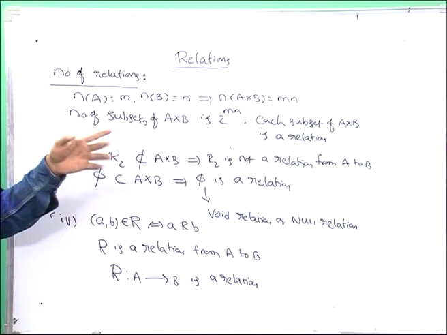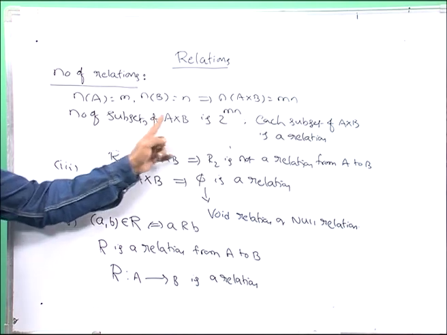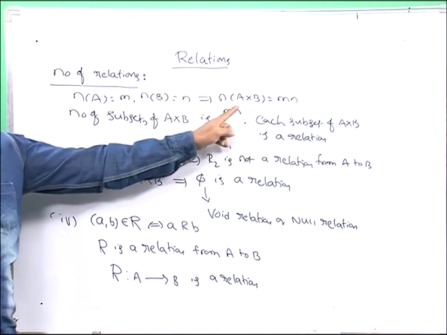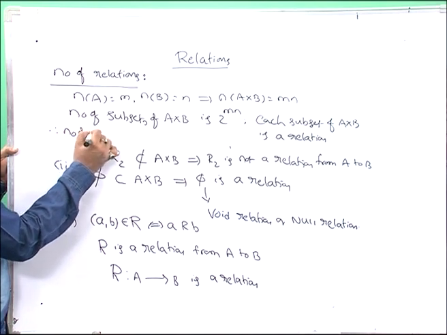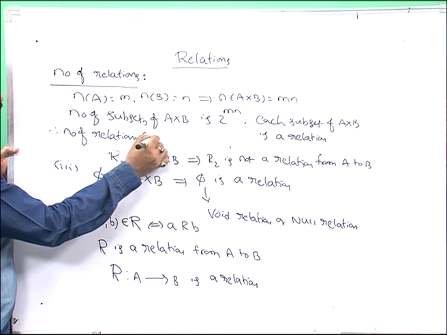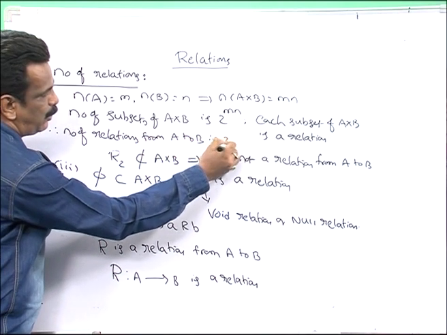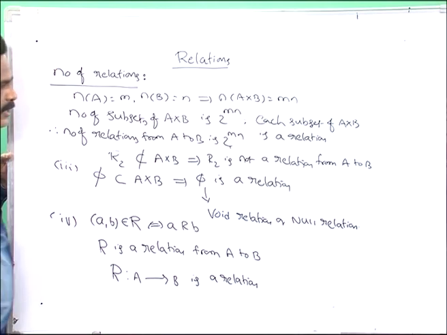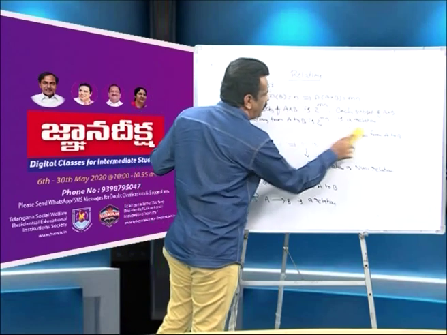So any subset of A cross B is a relation, but the number of subsets in total for A cross B is 2 power mn, and hence we can conclude the number of relations from A to B is 2 power mn. So like that the number of relations is 2 power mn.